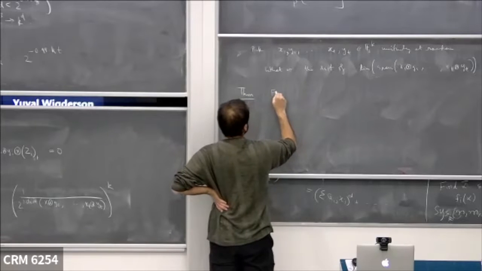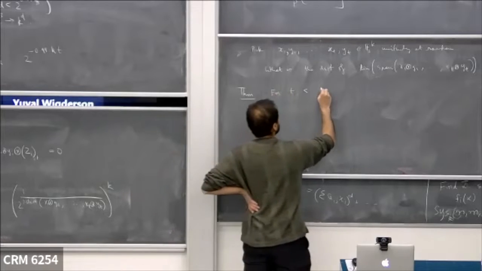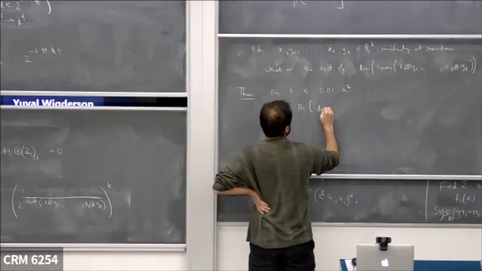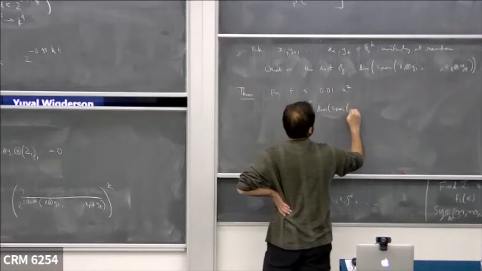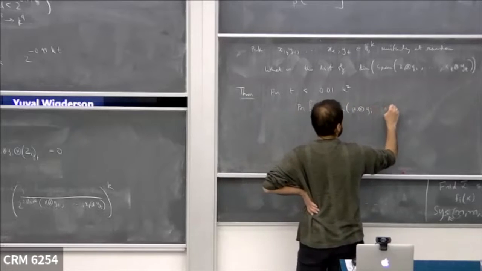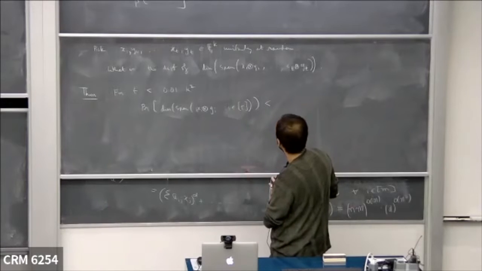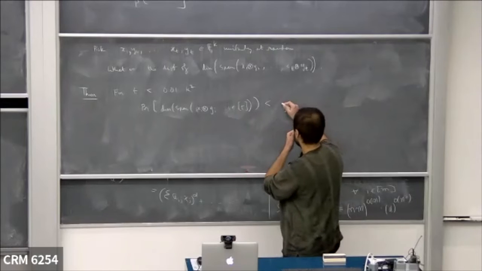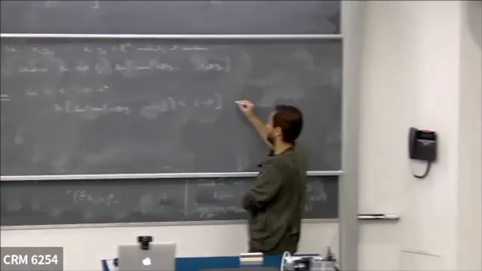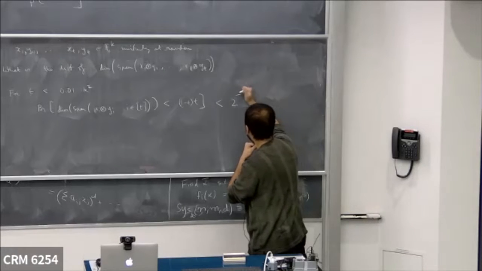For t less than 0.01 k square, the probability that the dimension of the span of the xi tensor yi's is less than 1 minus epsilon times t is quite small, 2 to the minus 0.99 tk.